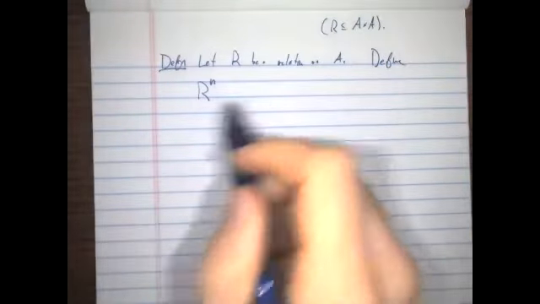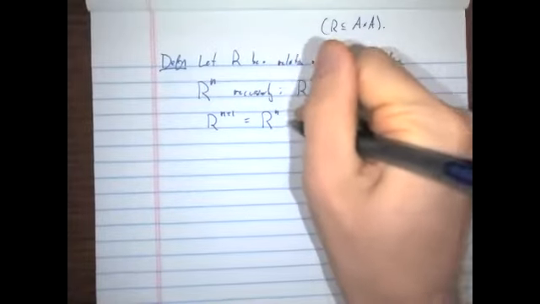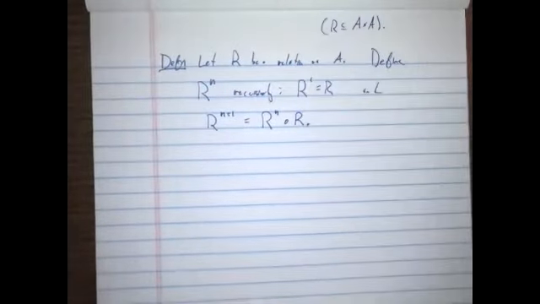This is like the nth composition of the relation R recursively. So R to the 1 is just equal to R, and R to the n plus 1 is equal to R to the n composed with R.